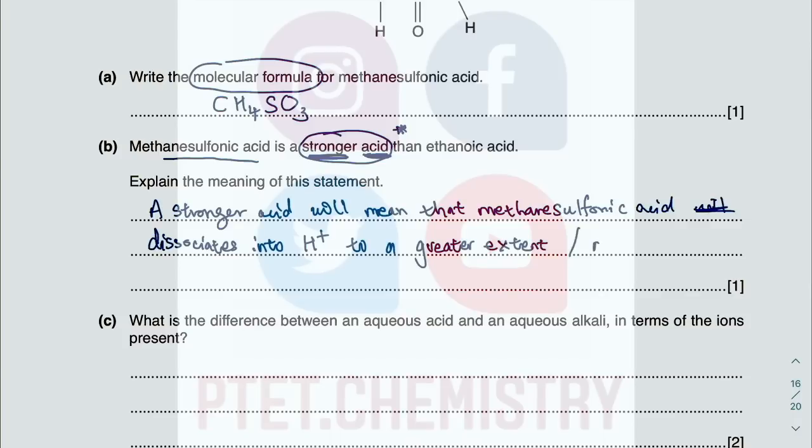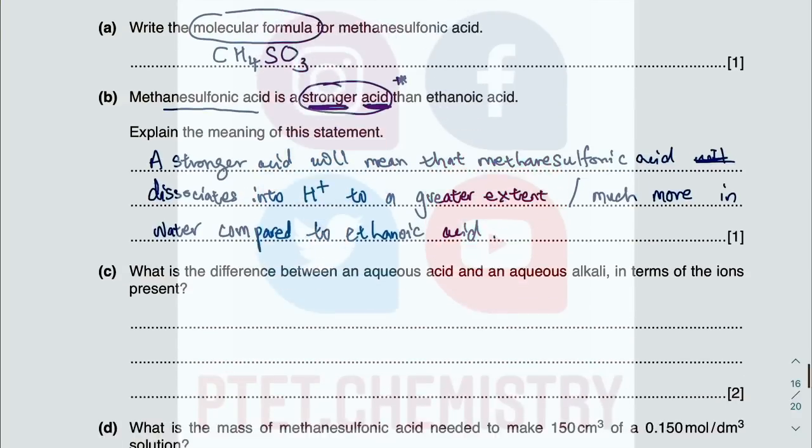You can talk about it dissociating much more into H plus, that's very important. Dissociate in water or in H2O compared to, or in comparison to, or than ethanoic acid. It's just the use of a comparative term in English, okay?